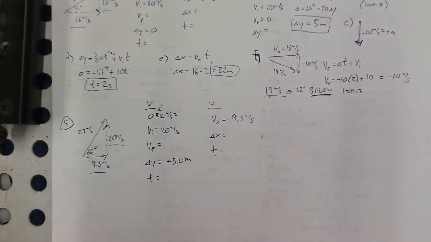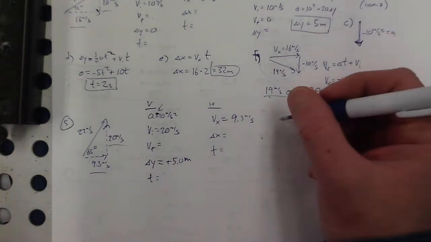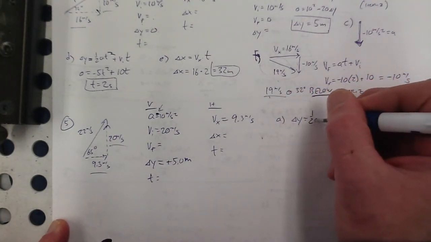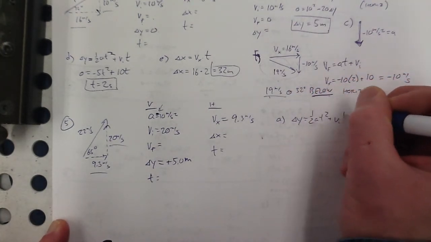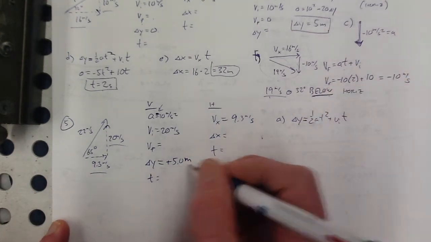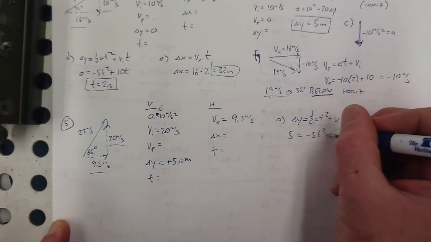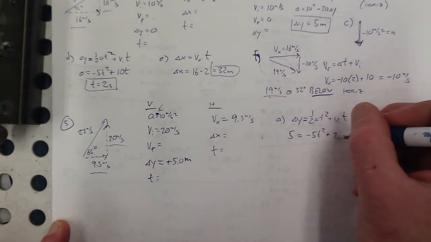All right. How long is the ball in the air for? Saw that coming. Delta y equals 1/2 at squared plus vit. I think this is going to be a graphing one, right? Because I got a number here, 5. Negative 5t squared plus 20t.